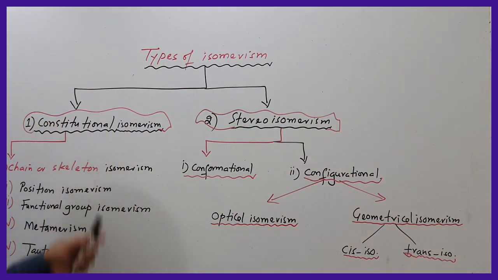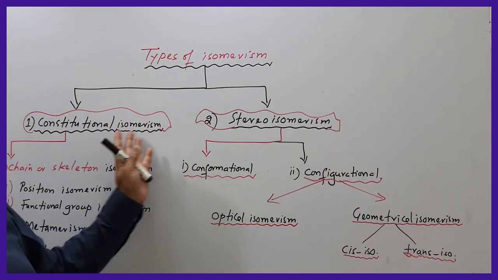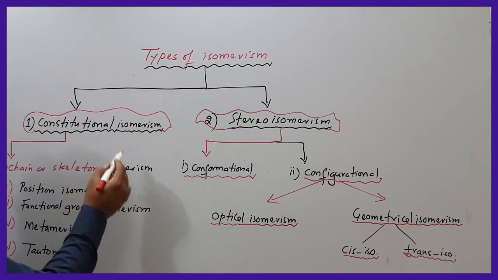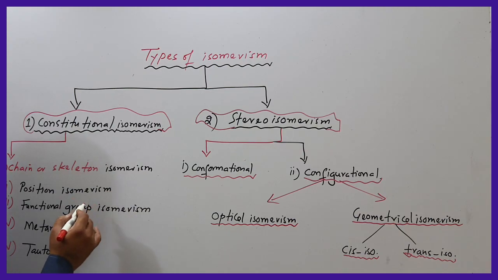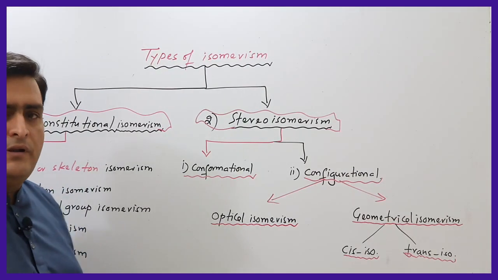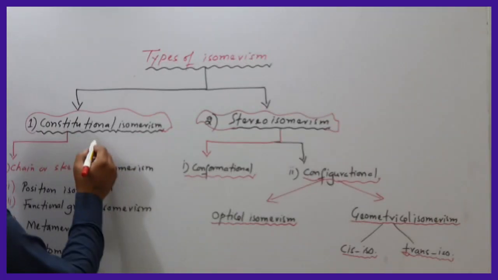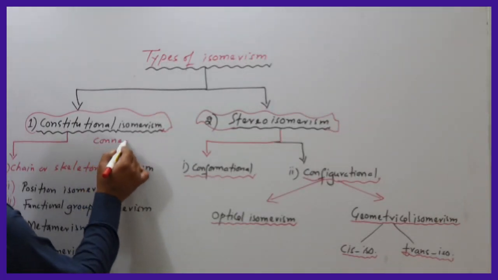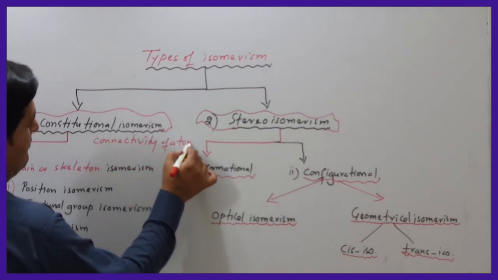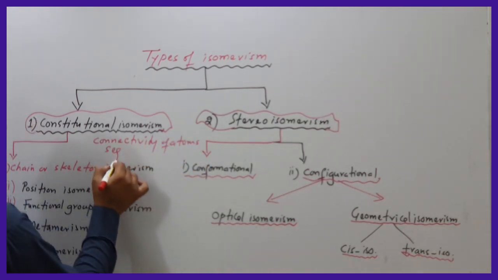The basic difference between these 2 major classifications is that in constitutional isomerism, the compounds differ in the connectivity of atoms, the sequence of bonding.